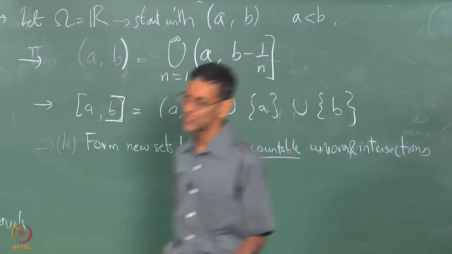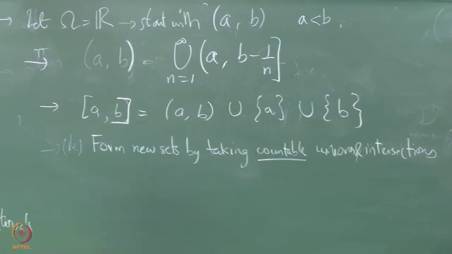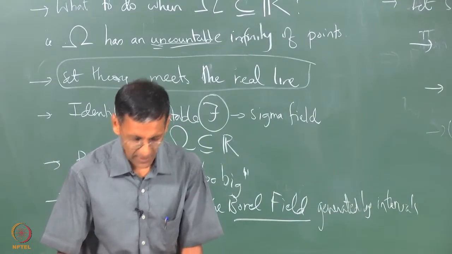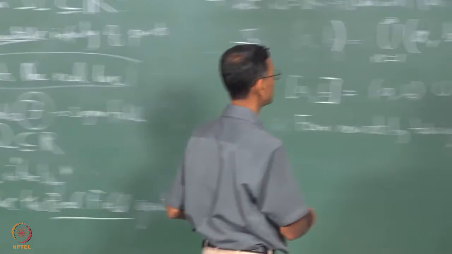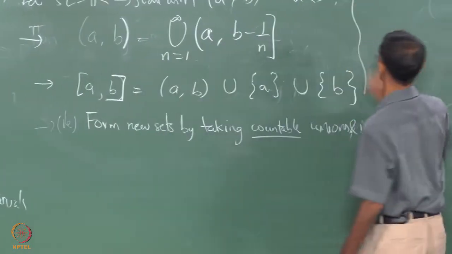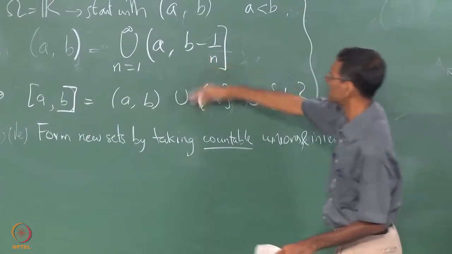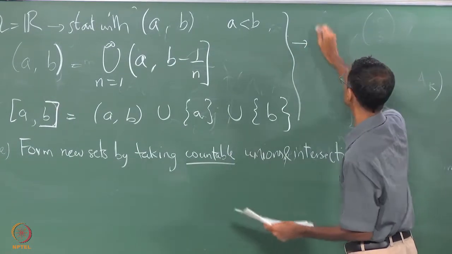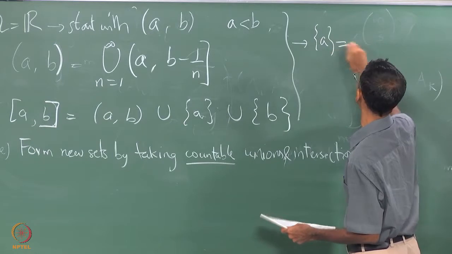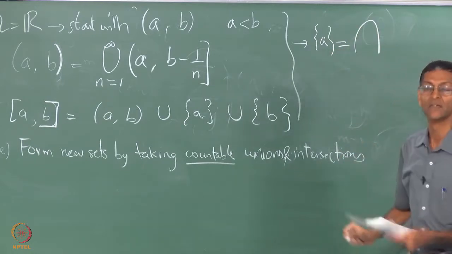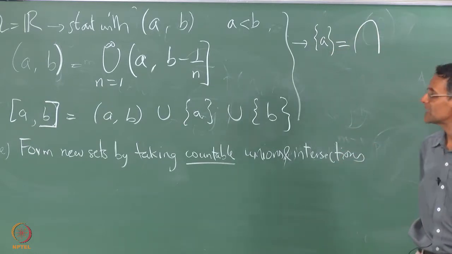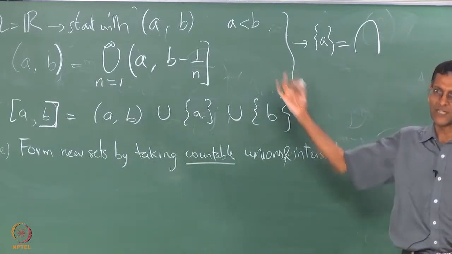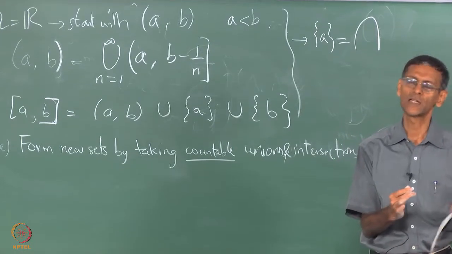In fact, there is something else you can do. Where does a countable intersection arise? It's not something similar to these two, but not exactly related. The singleton point a, for example, is a countable intersection of what? Supposing I want to write the singleton point a as a countable intersection, that is, I want to take an interval and shrink it to a single point.